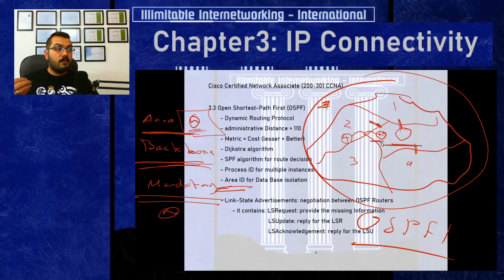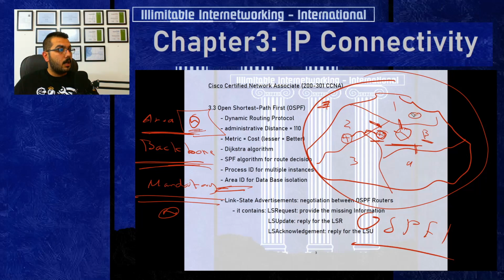I don't care how big this province is and how far it is from area 0, which is the backbone area. In the end, it must have one router, maybe very close to the borders, connected with a direct link to a router from area 0.